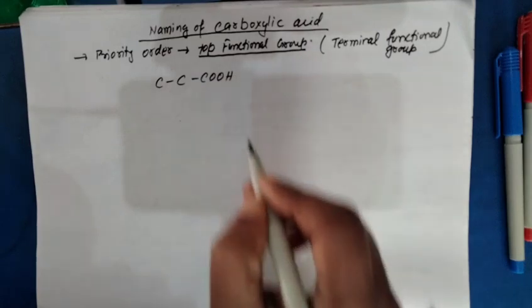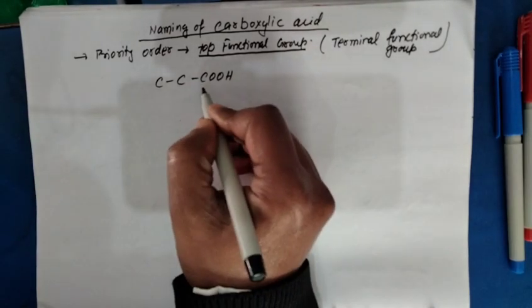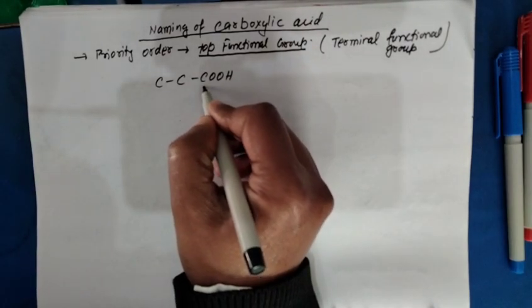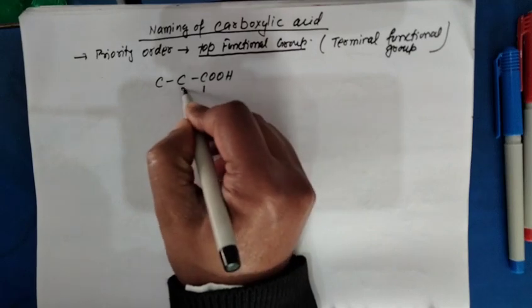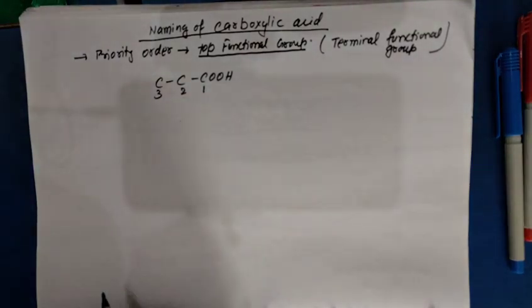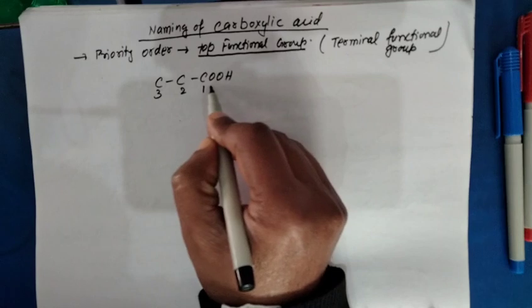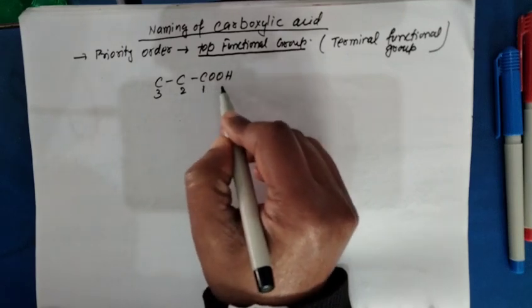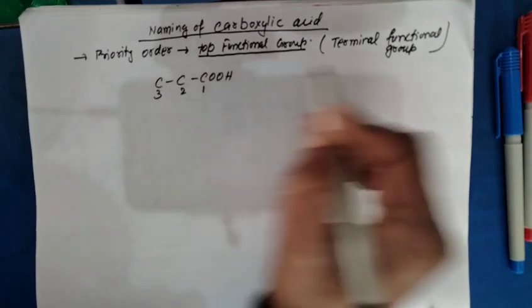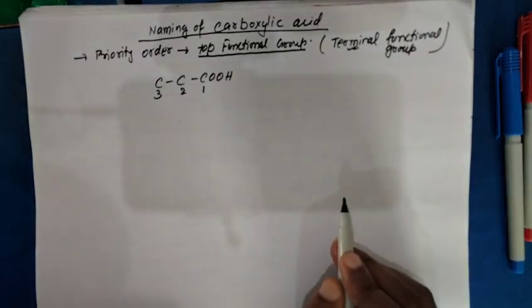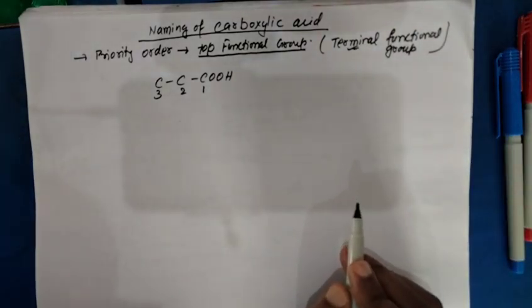If the compound is this one, counting is 1 2 3. So in priority order this must be on the first position, or terminal position.